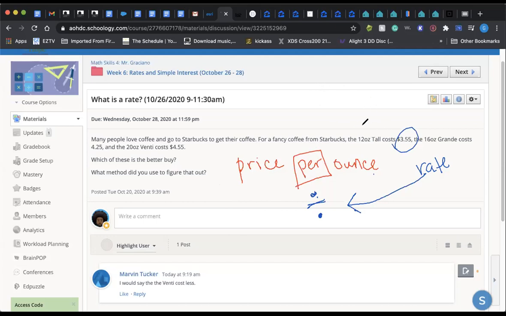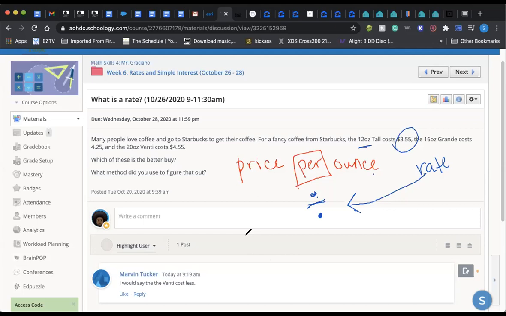But what we're going to do to figure out the price per ounce is just divide each price by the size of the cup that it comes in. So we do 355 divided by 12, 425 divided by 16, and then 455 divided by 20 to figure out which one has the best price, or which one is the better buy. I'll let you all figure that out.